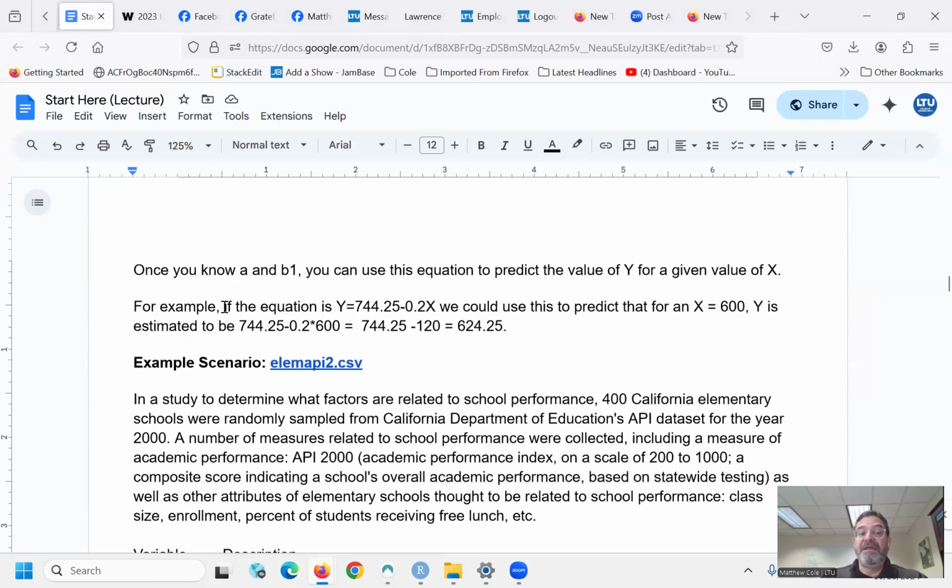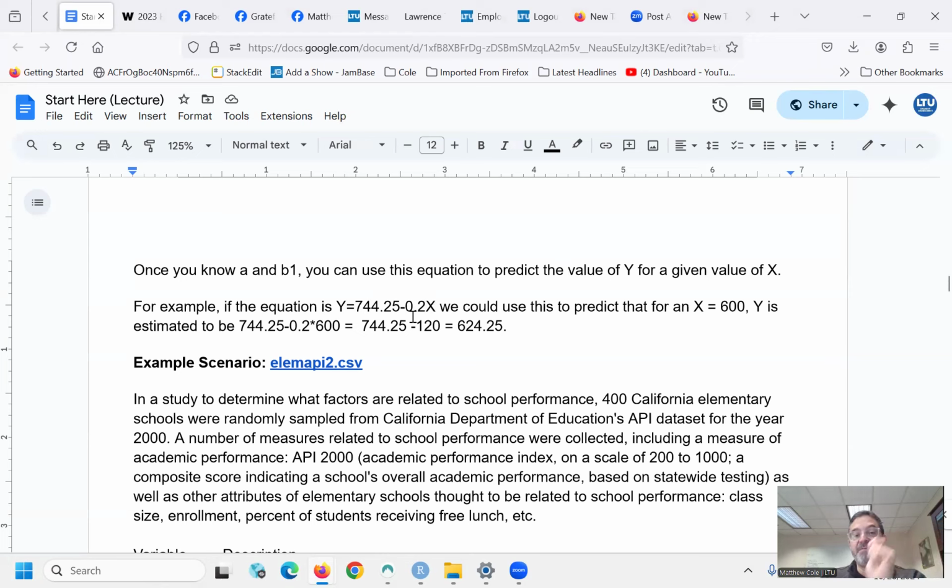For example, if our equation is Y equals 744.25 minus 0.2X, that's another way of saying that the y-intercept before we add any independent variable is 745.25.